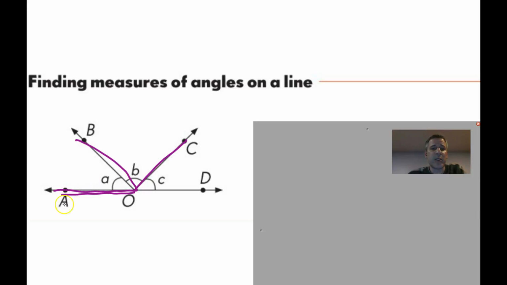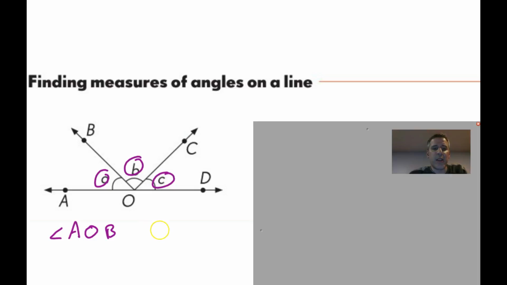But I can also just call these same angles angle A, angle B, angle C. So either one of those is fine, but just recognize that I can have angle AOB, which is a three-letter name, but I could also call it angle A, which is the same angle that we're talking about.